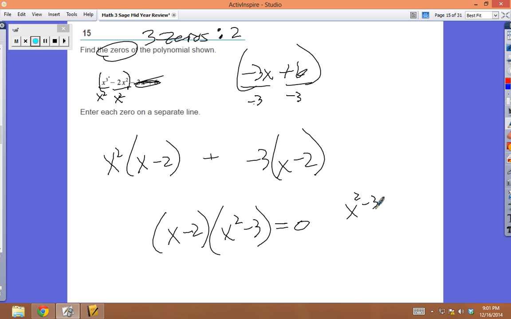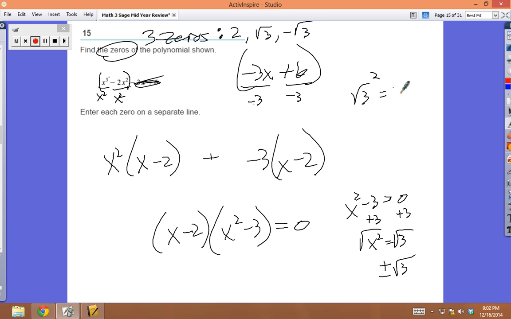So x squared minus 3 is 0. Plus 3 on both sides, x squared equals 3, so it's going to be plus or minus square root of 3. So your other zero is going to be the square root of 3, and your third zero is going to be a minus square root of 3. So there are your 3 zeros, because the square root of 3 squared is 3. So 3 minus 3 is 0.